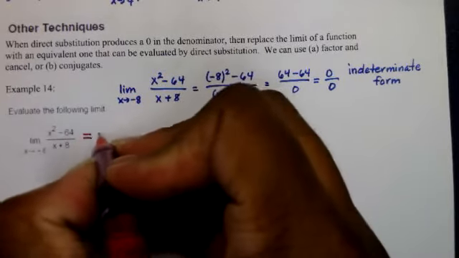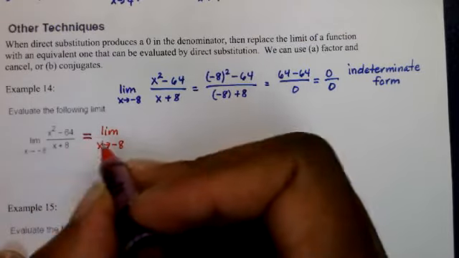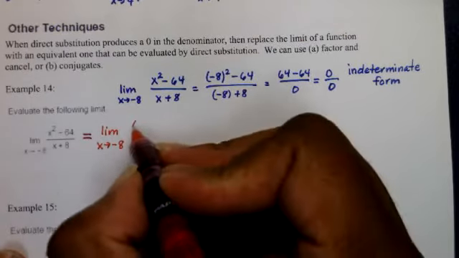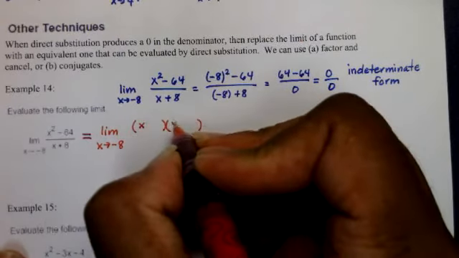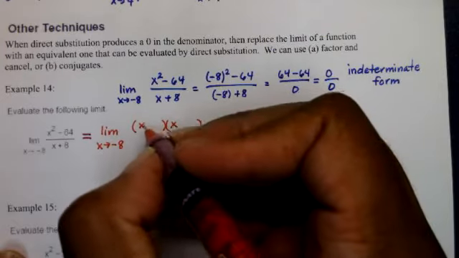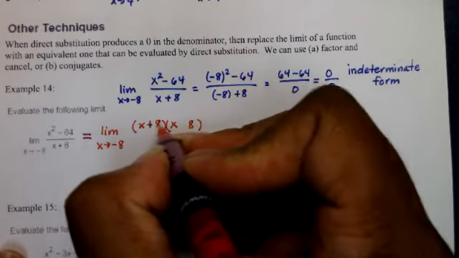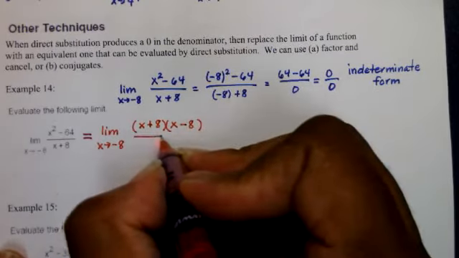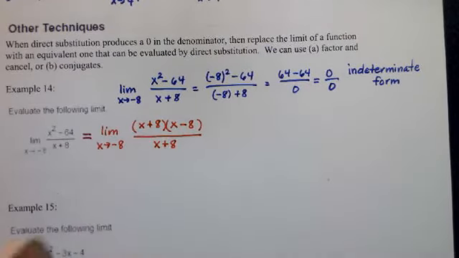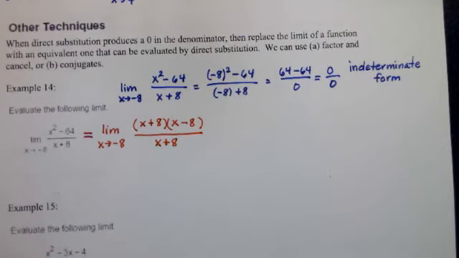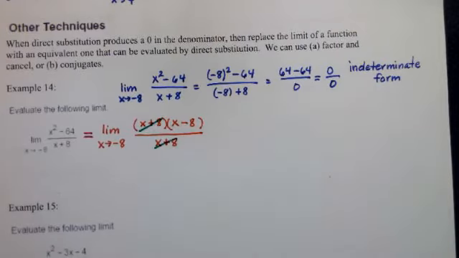So I'm going to bring over the limit as x approaches -8. And I'm going to factor x squared minus 64. That's a difference of two squares. I can factor that with x and x for the x squared. One number times itself gives me 64, which has to be 8. And of course, one has to be plus, the other has to be minus, all divided by x plus 8. As you can see, I can divide out the common factors of x plus 8.